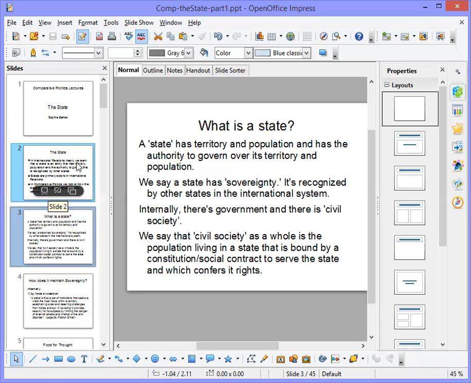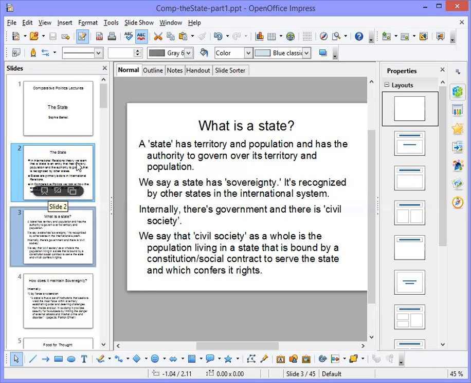Society means people are social in some aspect. So we say that the civil society as a whole is the population living in the state that is bound by constitution or social contract to serve the state and which confers it some rights.